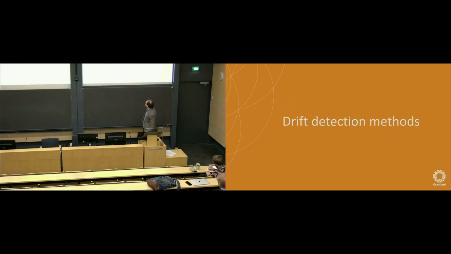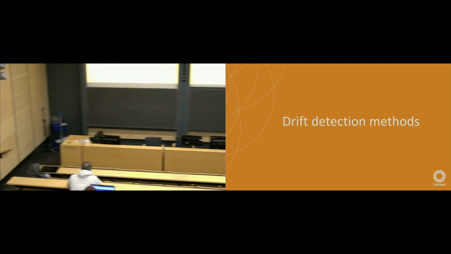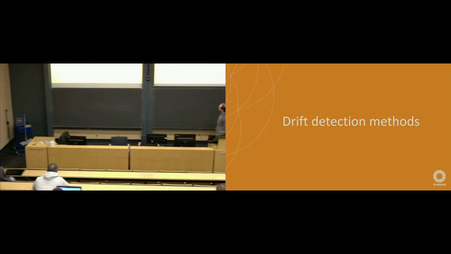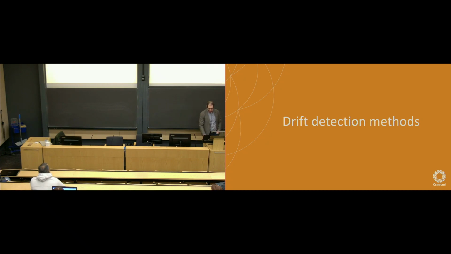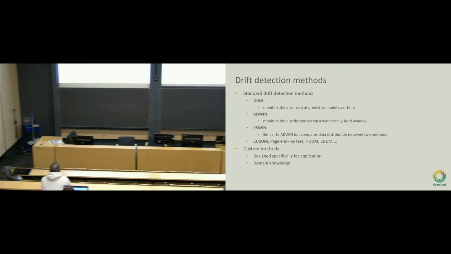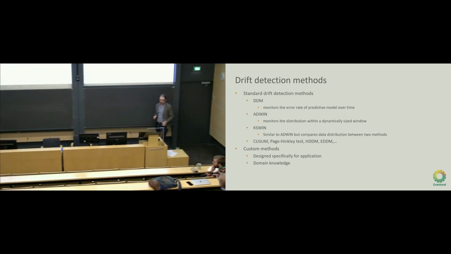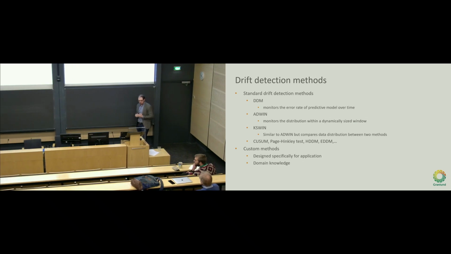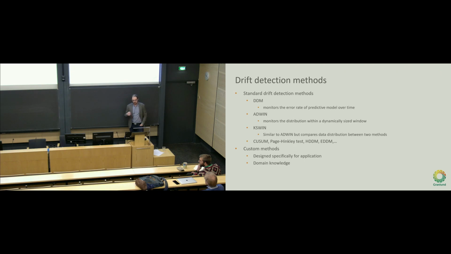So then I'll say something about some basic drift detection methods. You can read more when you have time, but these are some standard drift detection methods. You have DDM and ADWIN, which is the drift detection method and, I think, the adaptive window method.